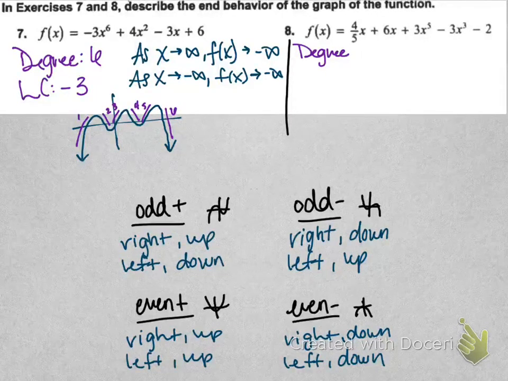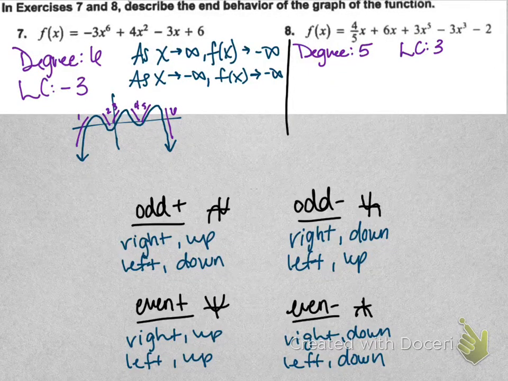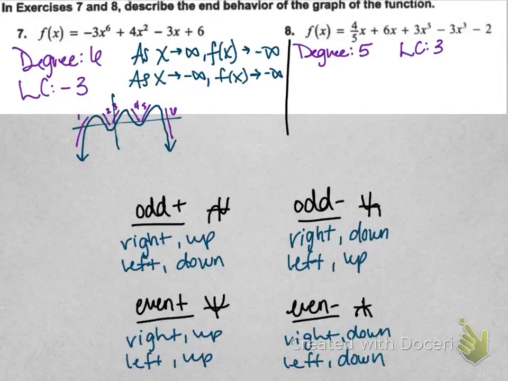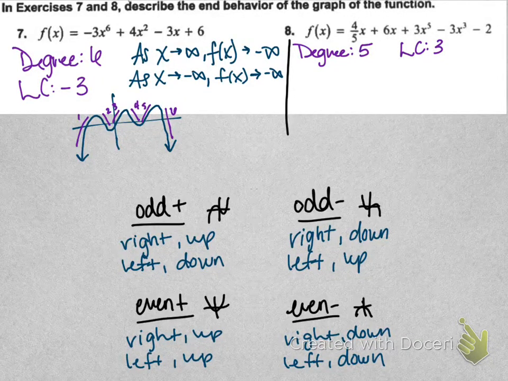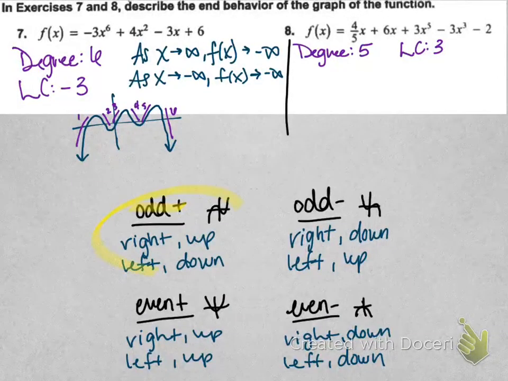My degree, currently things are out of order, so if you notice, my highest degree is actually 5, and therefore my leading coefficient is 3. So if I were to look down at my little cheat sheet that I've written here at the bottom, my degree is odd, and my leading coefficient is positive. So it's going to be this sort of scenario that occurs here.